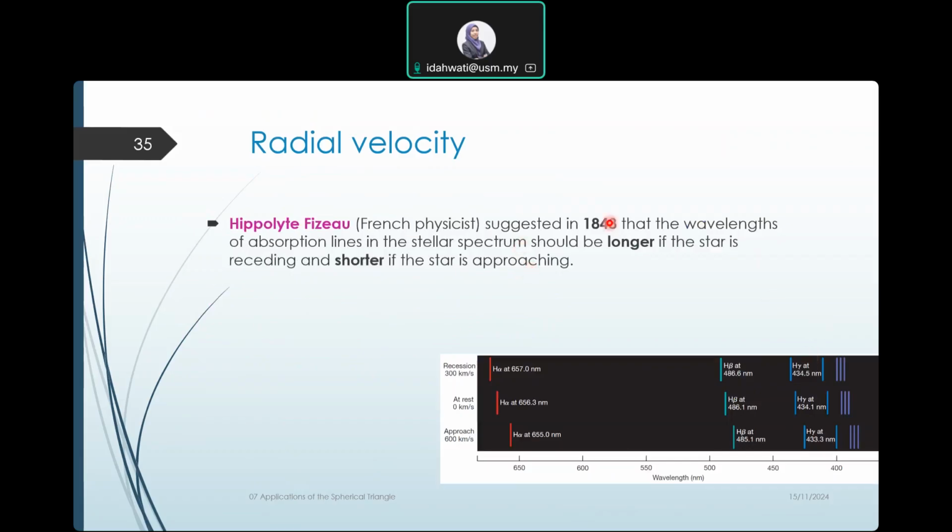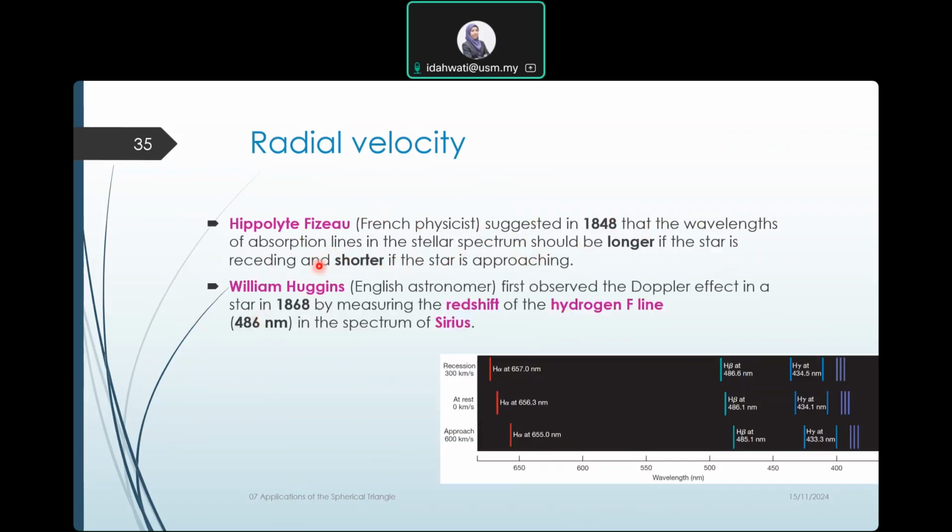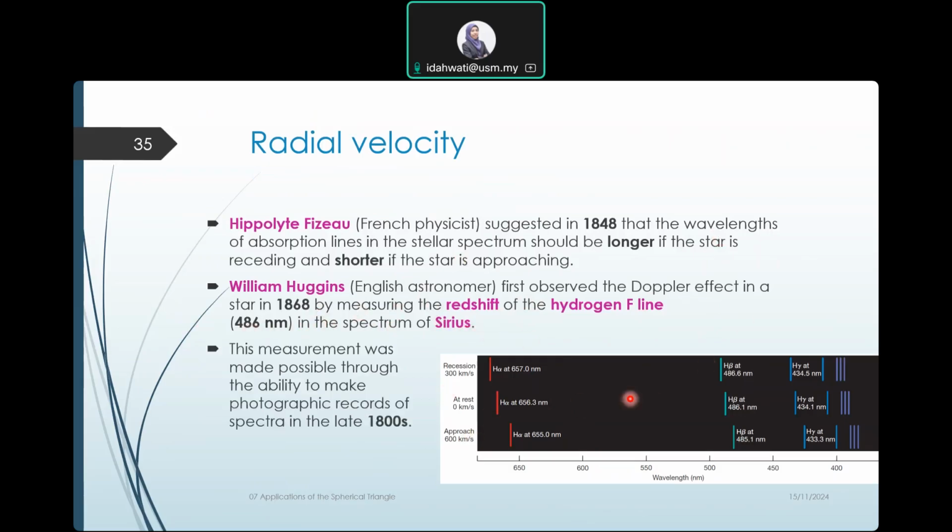After that, it was suggested by this French physicist that the wavelength of absorption lines in the stellar spectrum should be longer if the star is receding and shorter if the star is approaching. So William Huggins first observed the Doppler effect in a star in 1868 by measuring the redshift of the hydrogen F line in the spectrum of Sirius.